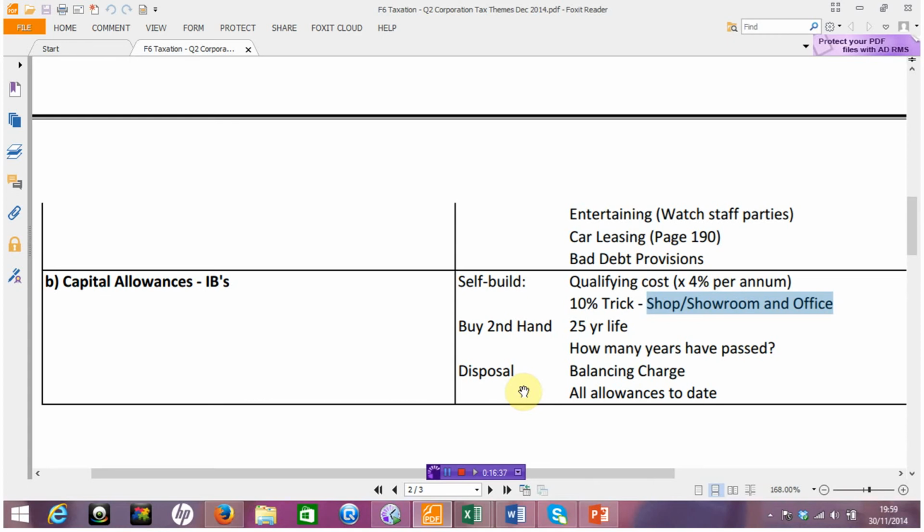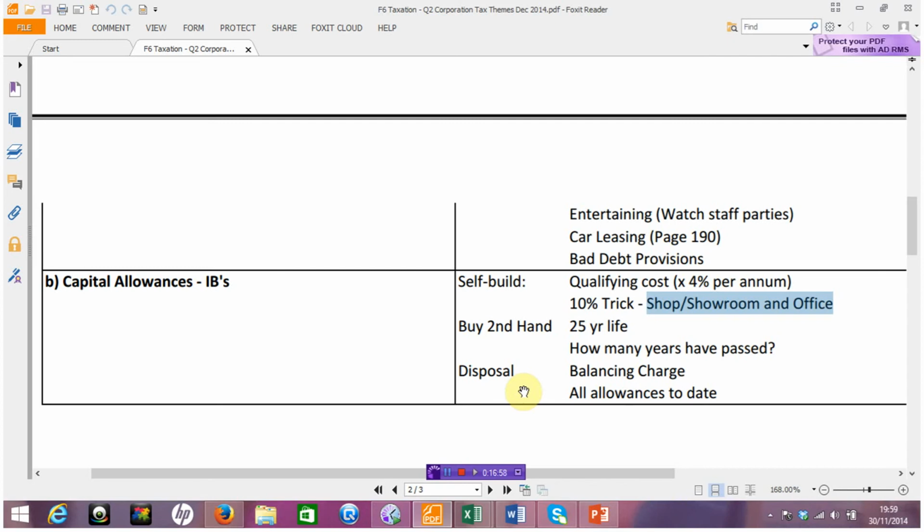Every single time that happens, if we dispose of the building, it must be that there'll be a balancing charge, because buildings are not going to reduce in value. So in effect, whenever we dispose of an industrial building, what we've got to do is calculate the balancing charge.